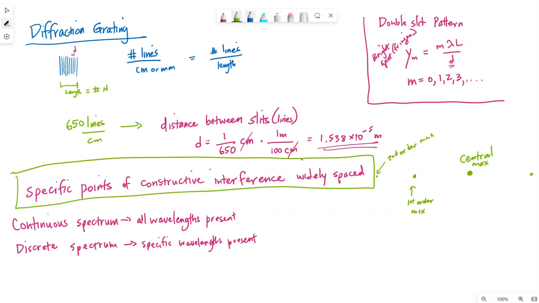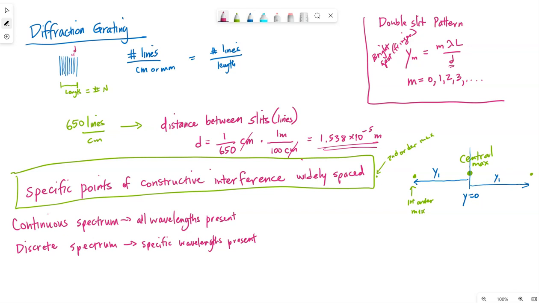So in terms of equations, we're still going to say y equals 0 is the center of the central maximum. If we measure from the central maximum over to the first order max, and this is true on either side, we would call this y1.